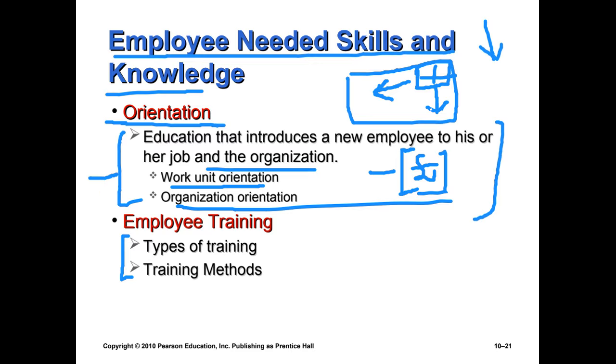Then on a long-term level, the company provides trainings to the new employees. The objective is that sometimes we can have fresh graduates that come into the organization. They do have degrees, but they do not have the understanding of how to do work.